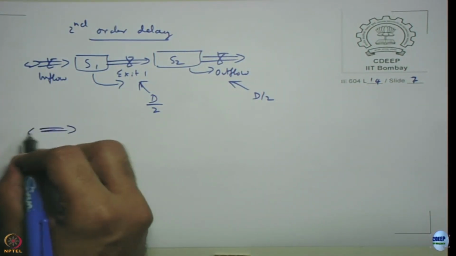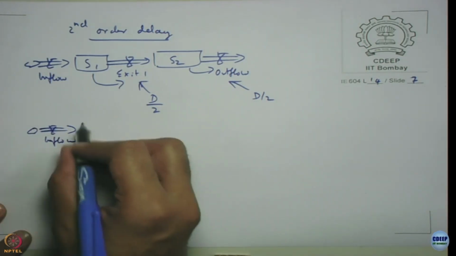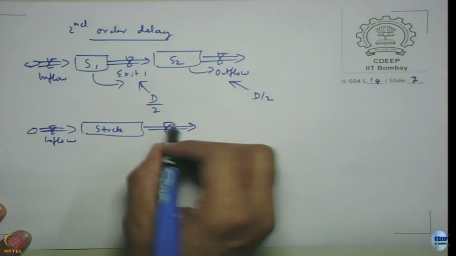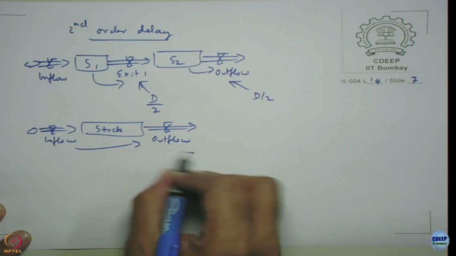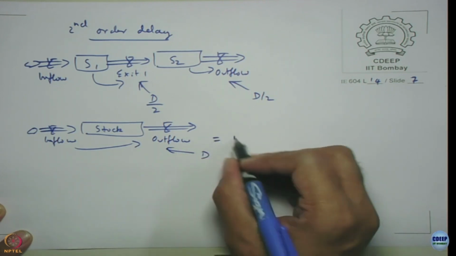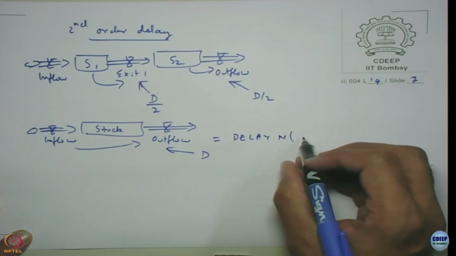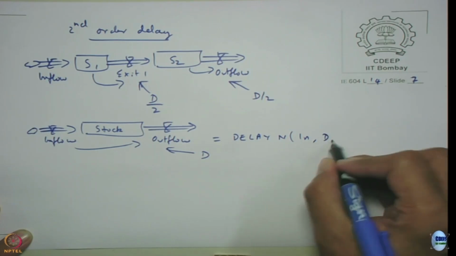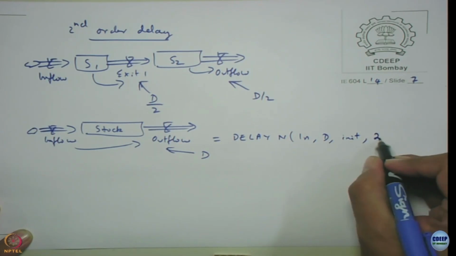If you want to model it in Vensim directly as a function, we will do it as inflow, stock, outflow. Here we will write the equation for outflow as DELAY N with your input, D, initial value if any, and then the order as 2.